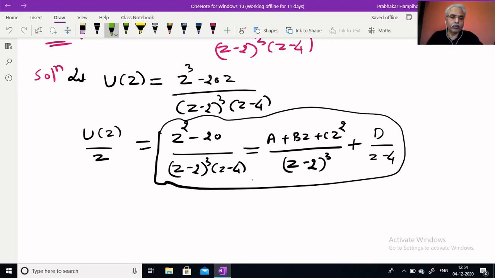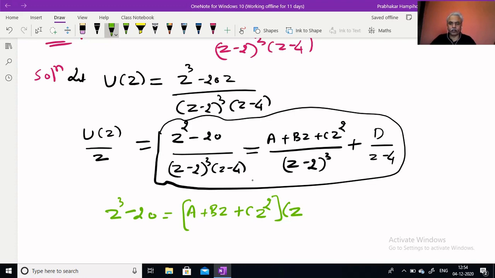Now if you multiply by the denominator, z² − 20 equals (a + bz + cz²) into (z − 4), plus d into (z − 2)³. Are you following? This acts as an identity.